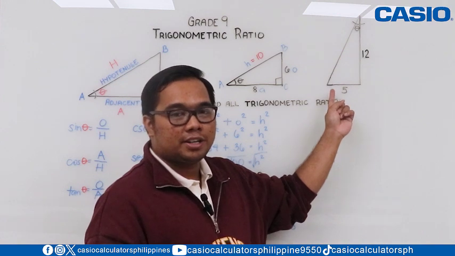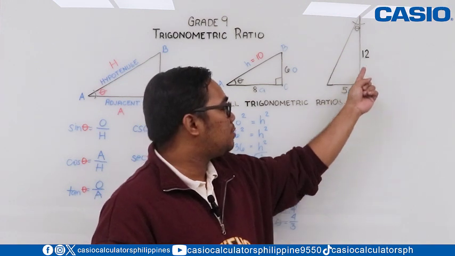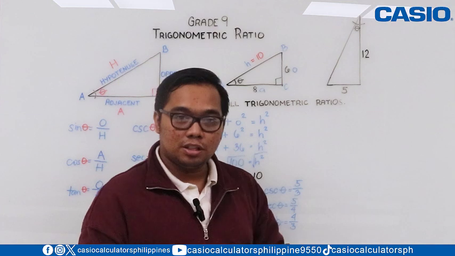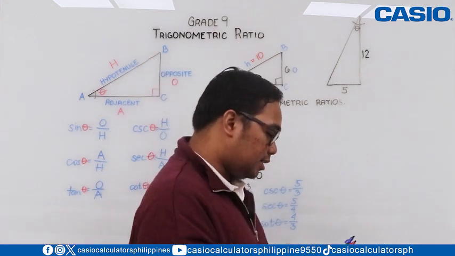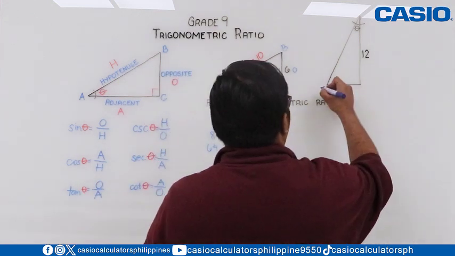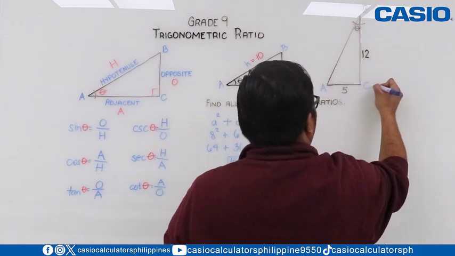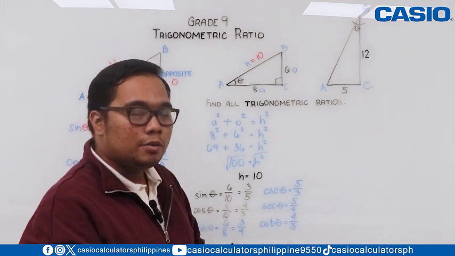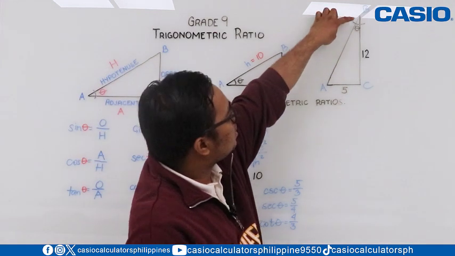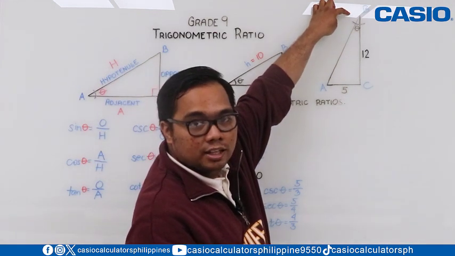We have here our triangle whose sides are 5 and 12 with a missing hypotenuse. Now, let's again define our triangle. So, let's define this as our A, B, and C. If we can observe, our reference angle now is our angle B here.